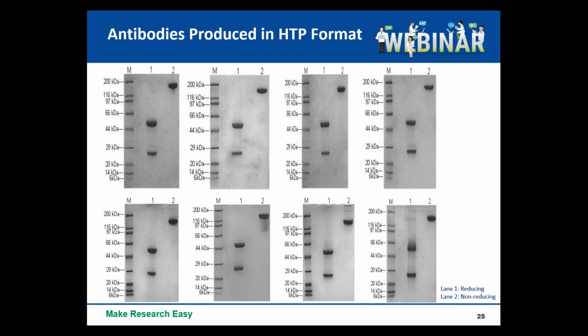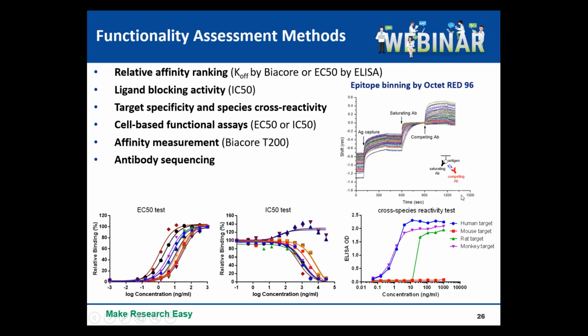The report that you get would have images like these, along with other parameters. And for functional assessment, we can do a lot of tests in a high throughput setting, such as binding on ForteBio or Octet, or target specific and cross reactivity, ligand blocking assay by ELISA.